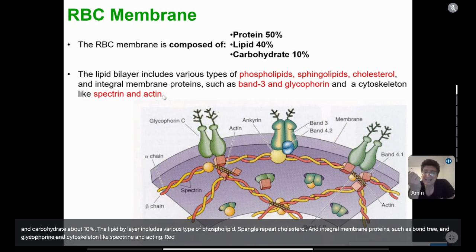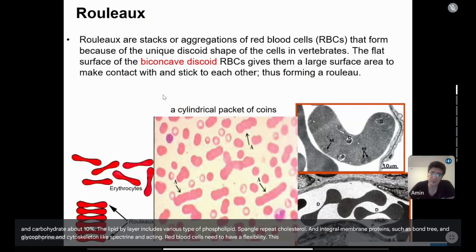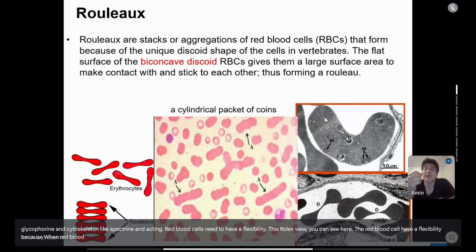Red blood cells need to have flexibility. This Rouleaux view you can see here. The red blood cell has flexibility because when the red blood cell needs to transfer into the small capillary, it needs to have flexibility because the lumen of a small capillary is so small.